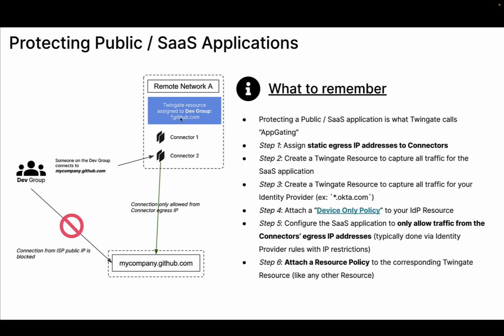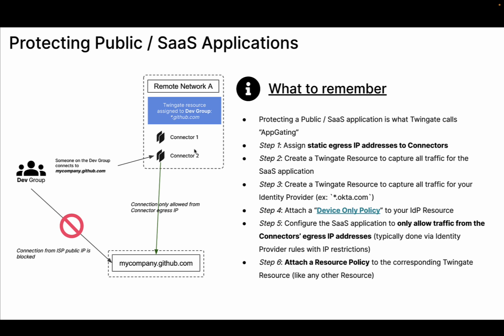Assuming you're using an identity provider, you should also create a resource for the identity provider to capture the actual traffic for the identity provider. And then in your identity provider, you can create a rule that will say that authentication to github.com can only be done if it is done from an egress IP that corresponds to your connectors.